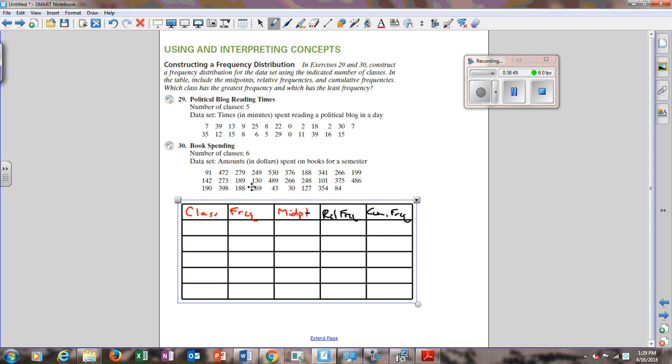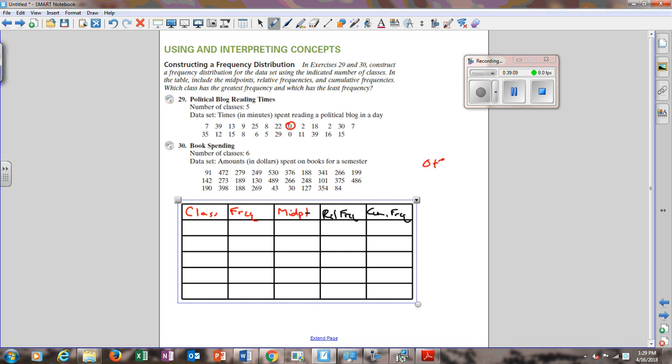Okay, so in order to find our classes, first we have to find the lowest number, which is 0. And we have to find the highest number. So far it's 39. So to do our classes, we're going to go between 0 and 39.